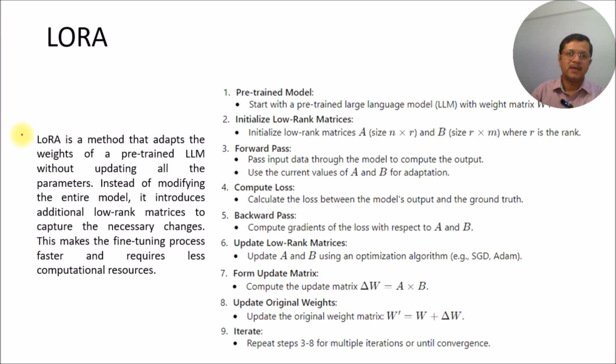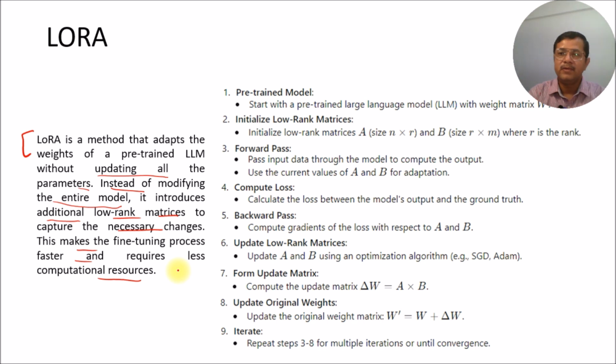Here is the definition: low rank adaptation is a method that adapts the weights of a pre-trained large language model without updating all the parameters. Instead of modifying the entire model, it introduces additional low rank matrices to capture the necessary changes, which makes the fine tuning process faster and requires fewer computational resources. So this is the summary.